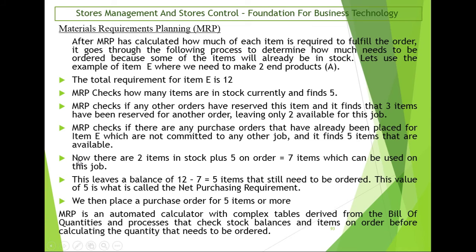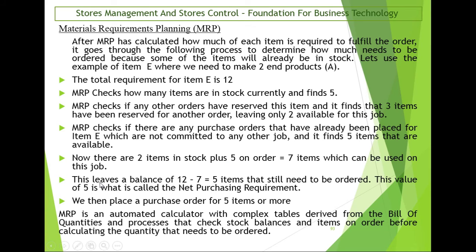Now we can see that there are 2 items in stock plus the 5 that are on order. So which means that 7 items are already available for this job, 2 in stock and 5 which are on order and they are not committed.